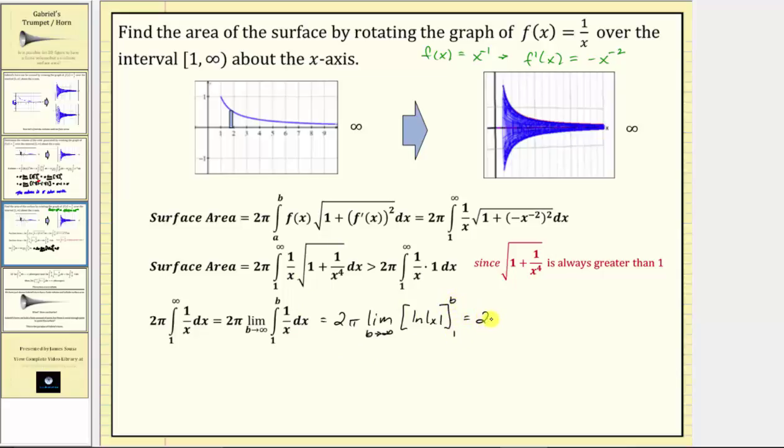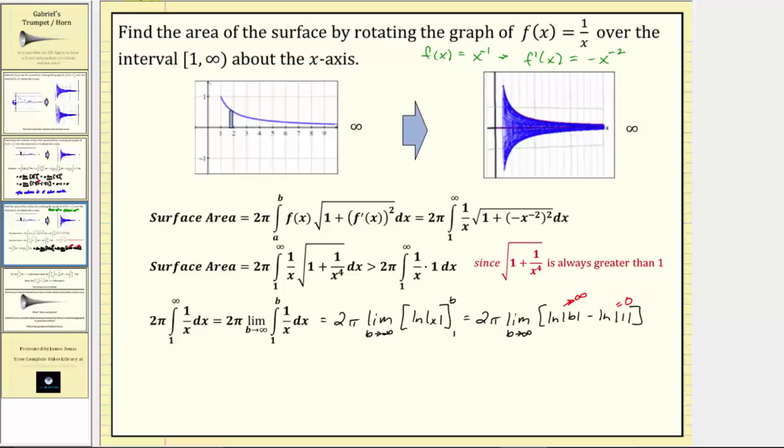This is equal to 2 pi times the limit as b approaches infinity of natural log absolute value of b minus natural log absolute value of 1. Well, natural log absolute value of 1 is equal to 0, and as b approaches infinity, natural log absolute value of b just gets bigger and bigger and also approaches infinity.